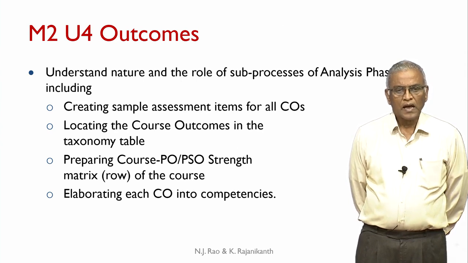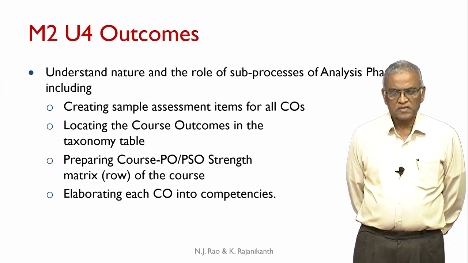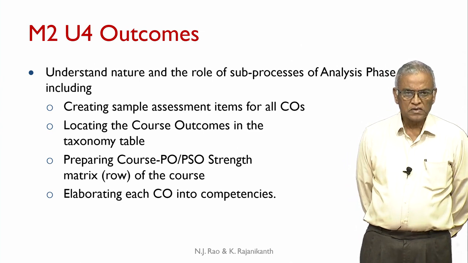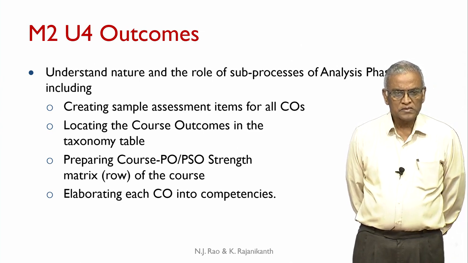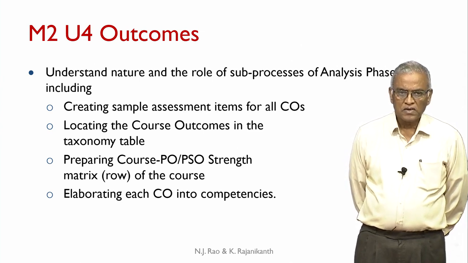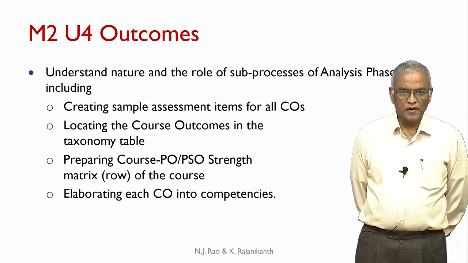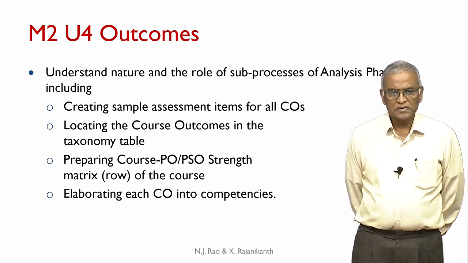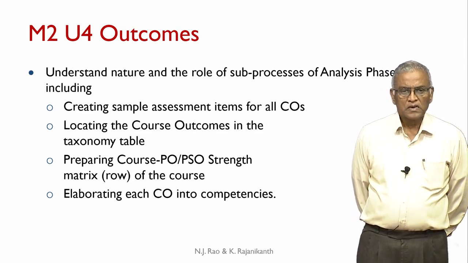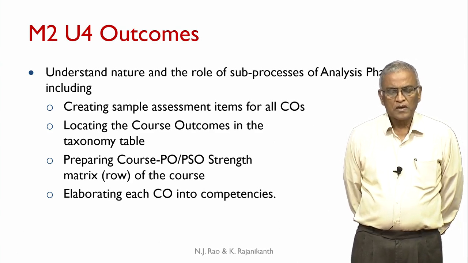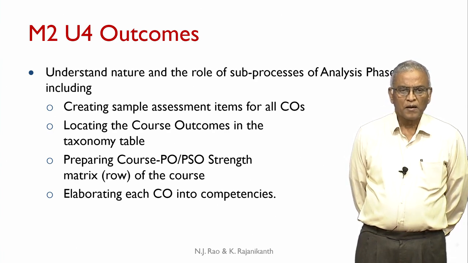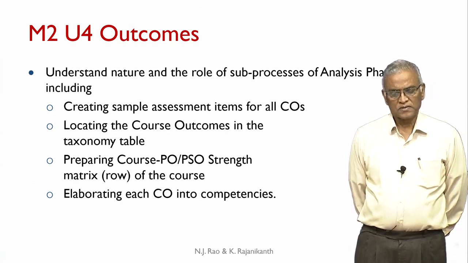As we said several times in the previous unit, these sub-processes are not unique. This we found in the context of NBA accreditation and the OBE framework. These processes make sense with respect to the analysis phase.